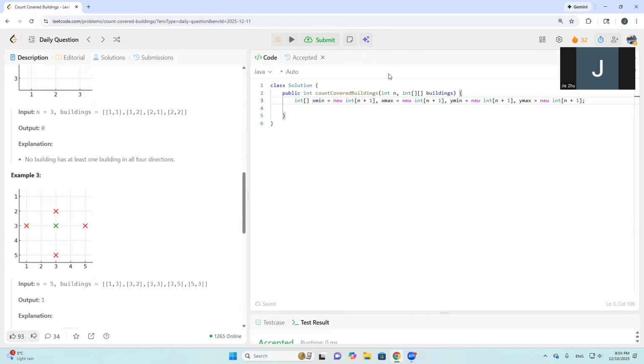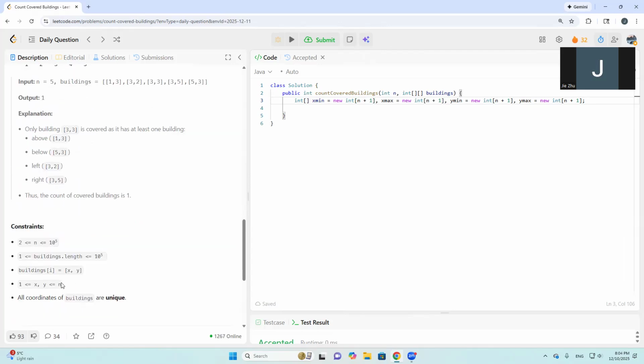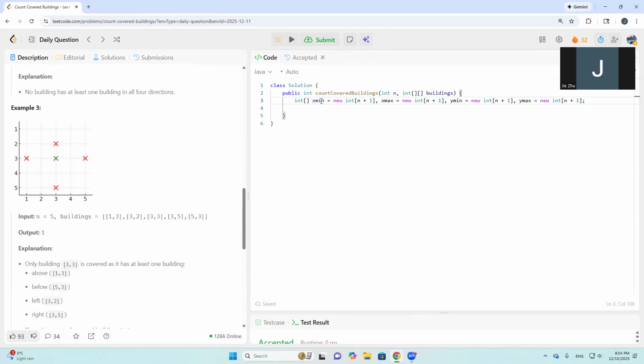These array coordinates are in the range from 1 to n, so we can set the min to be n plus 1. Initially fill x min and y min with n plus 1, and x max, let's set the initial value to be 0.